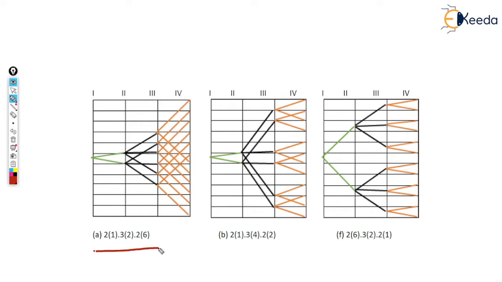That is, 2 is our P1, 1 is our X1, 3 is our P2, 2 is our X2, 2 is our P3, and 6 is our X3.